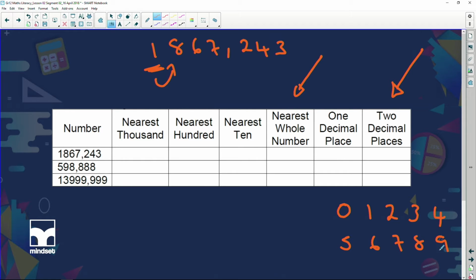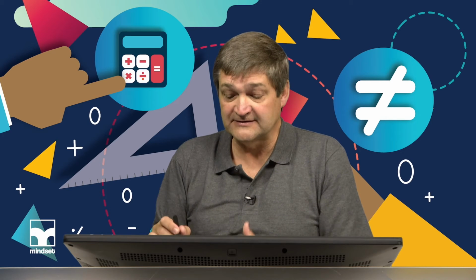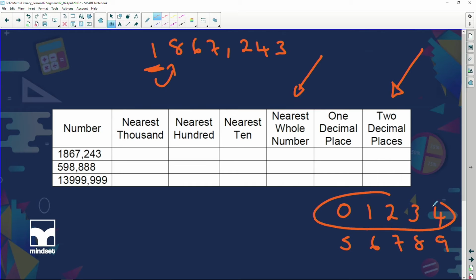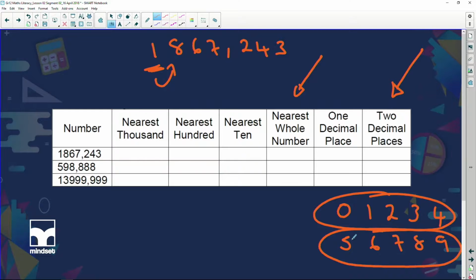Okay, so if I've got the digits 0, 1, 2, 3, or 4, then the number I'm dealing with is not going to change. If my next digit is 5, 6, 7, 8, or 9, the number I'm dealing with is going to go higher.